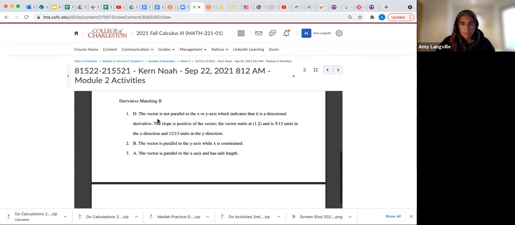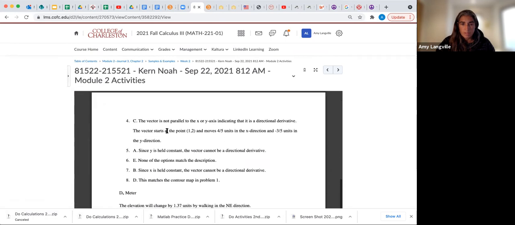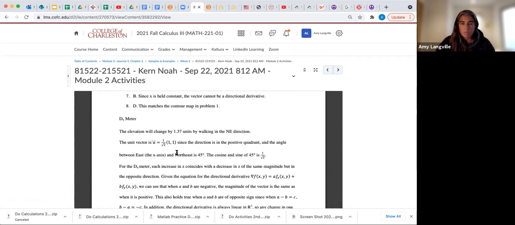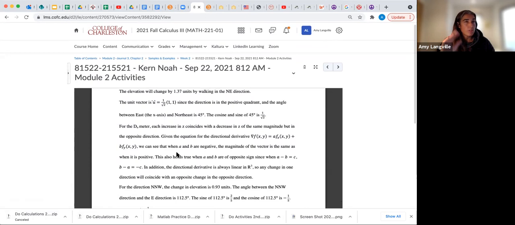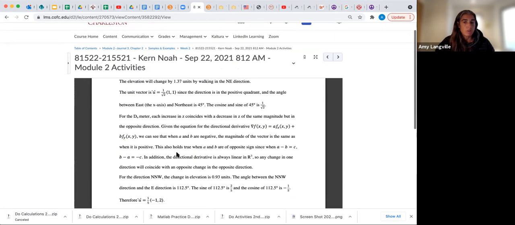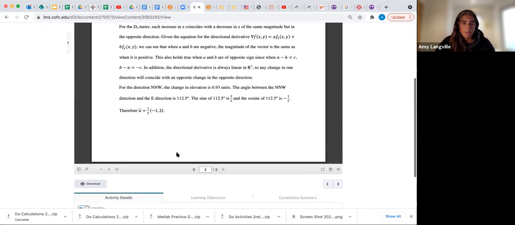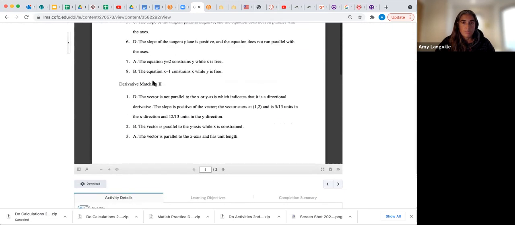Same thing for the du matching. So if you had trouble with those, or there's a few that still maybe don't quite understand the difference between f of x and du on the contour map, take a look at what Noah's done.